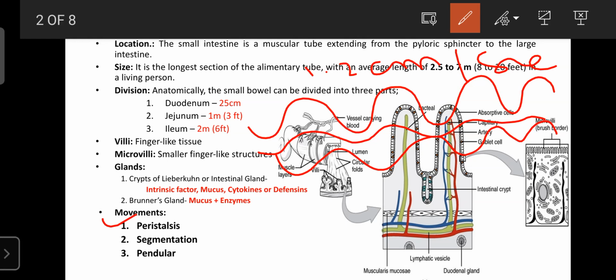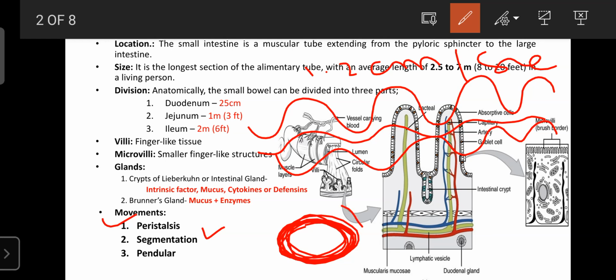So the next one is known as the segmentation movement. These movements are circular. The small intestine wall will have circular movement. The small intestine cannot be moved circularly as a whole, but certain movements are there automatically, so the circles are completed in the small intestine.